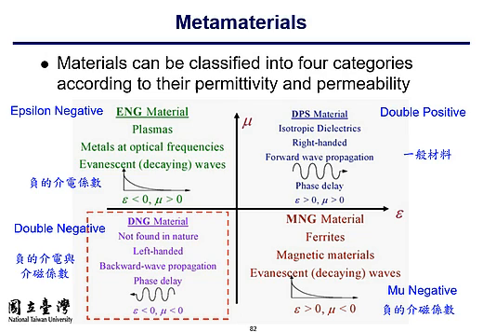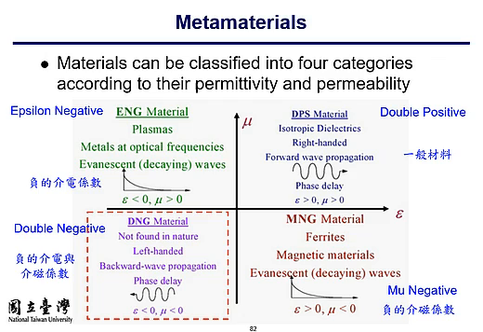Because the phase changing direction or phase changing sign is the opposite of an ordinary propagating wave, it's referred to as left-hand or backward propagation material.